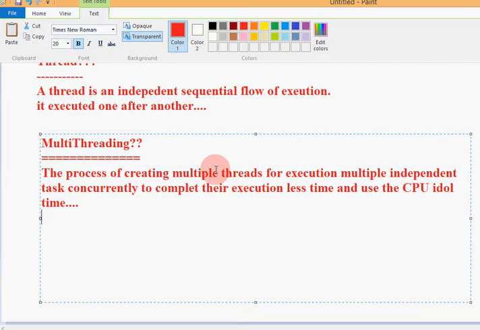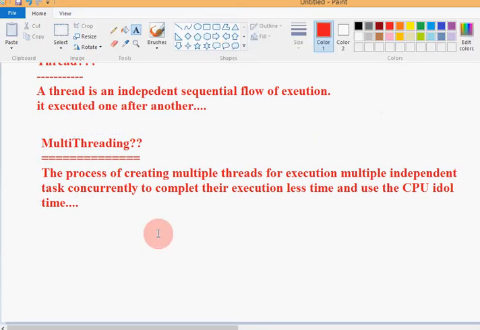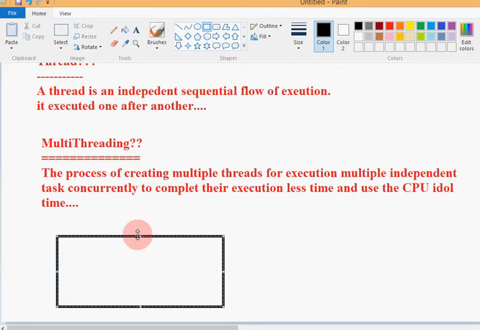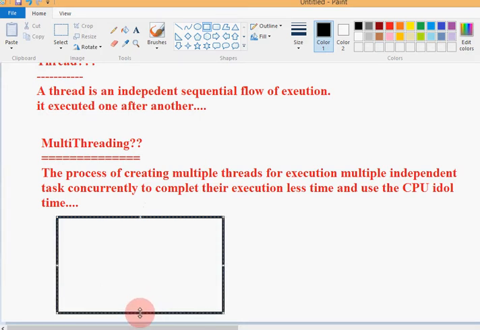Now, how does the sequential flow happen? Let me give an example. Suppose here is my main thread, and in the main thread I have some work.